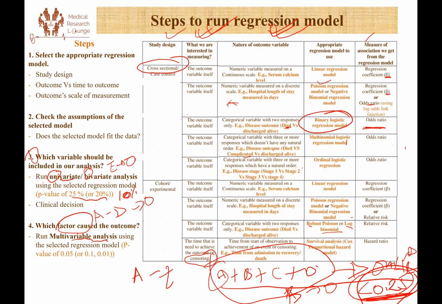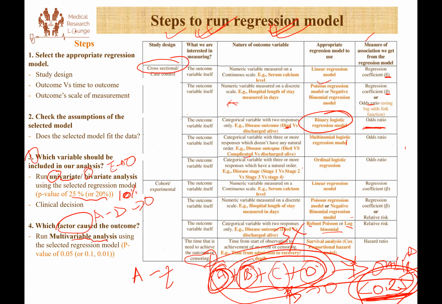The main purpose of running multivariable regression analysis is to control confounders, so that we can get the pure effect of each exposure on the outcome. So from the multivariable regression analysis, when we get the effect of A on our outcome, let's say it says 3 times higher risk, then this result is interpreted by saying that after controlling for the effect of B, C, and D, this could be sex, comorbid illness, and exercise, and let's say A is smoking.